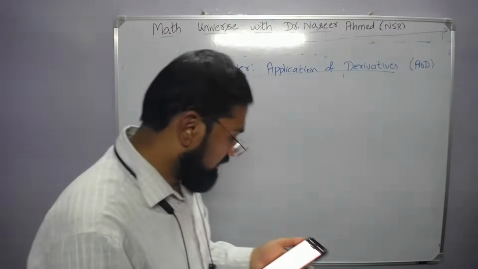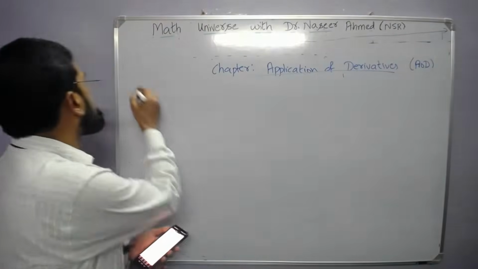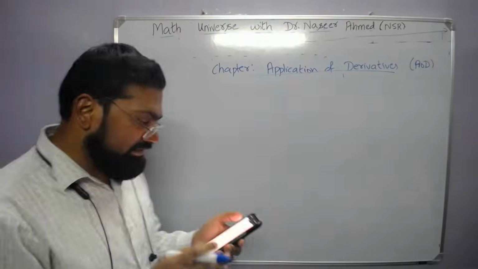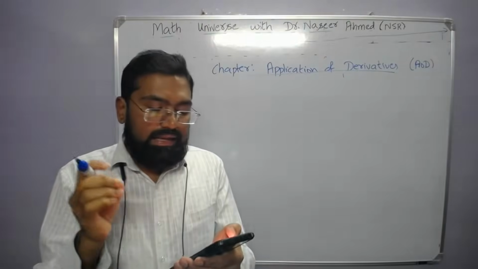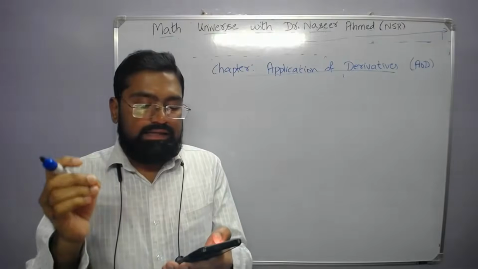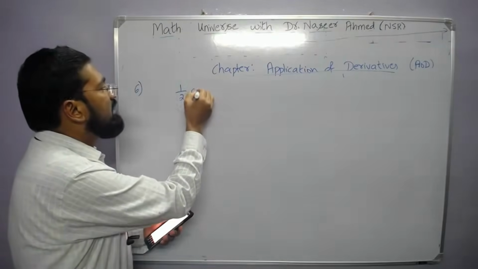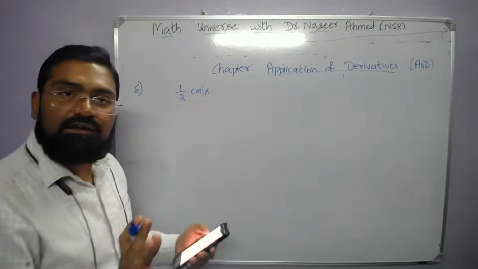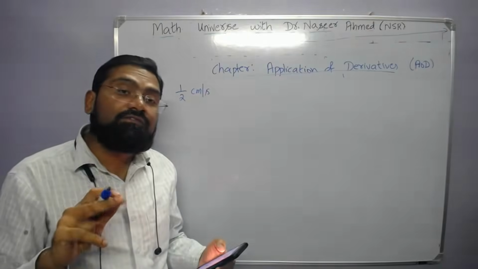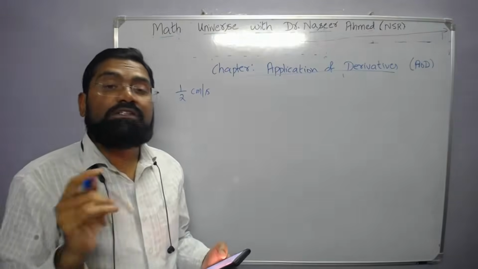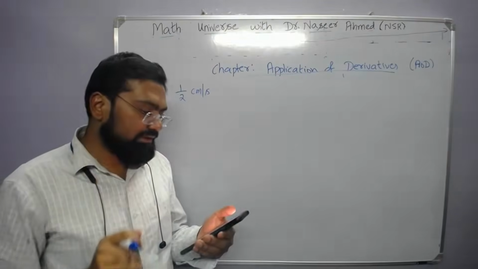Kindly listen. Now, this is question number 6. I will read the question. The radius of an air bubble is increasing at the rate of half centimeter per second. What is increasing? The radius of the air bubble. An air bubble will be in which shape? Spherical. Remember that.